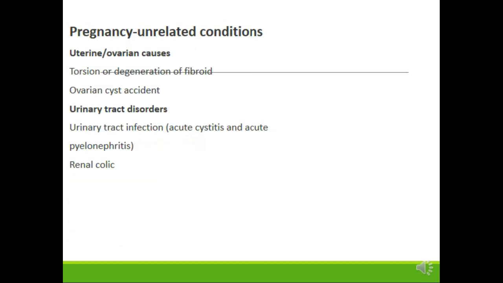The other category is pregnancy-unrelated conditions, which are classified into uterine or ovarian causes, including torsion or degeneration of fibroid and ovarian cyst accident. Urinary tract disorders, such as acute cystitis, pyelonephritis, and renal colic.